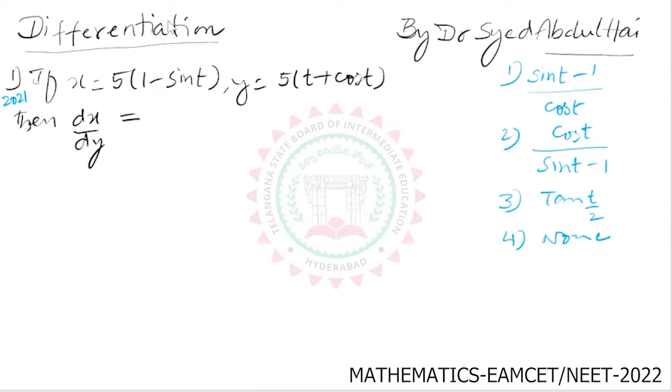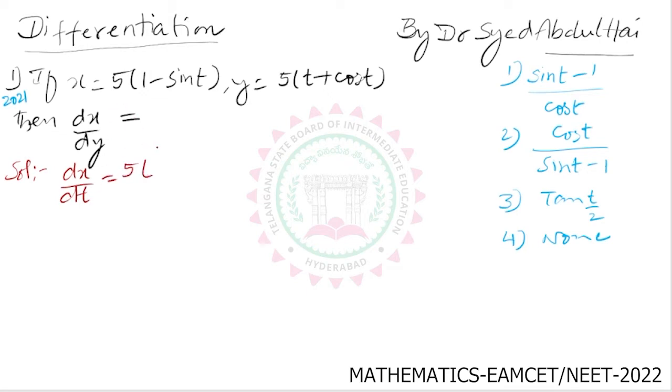Now come to the solution. The question itself shows that here we need the parametric differentiation because x is equal to some function of t, and y equal to function of t is given. Therefore, we have to use the parametric differentiation. So directly I am writing derivative of x with respect to t, that is dx by dt is equal to 5 as it is.